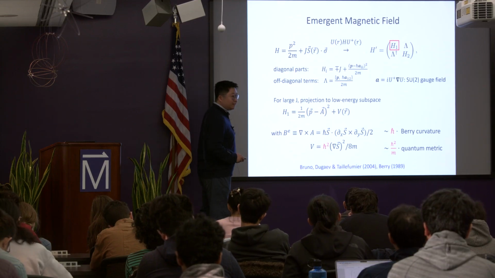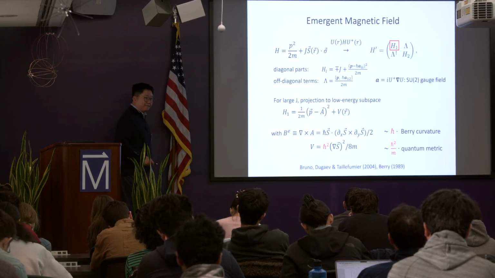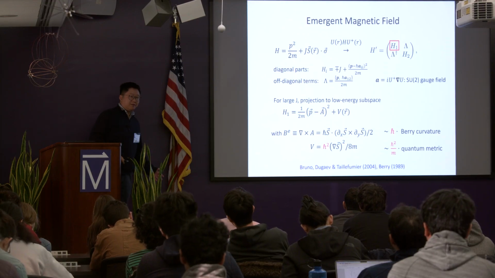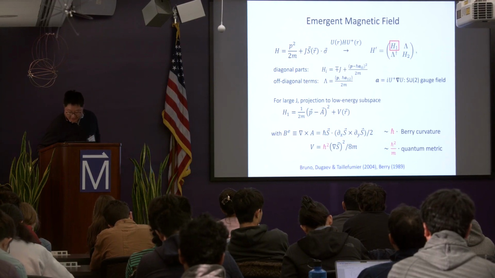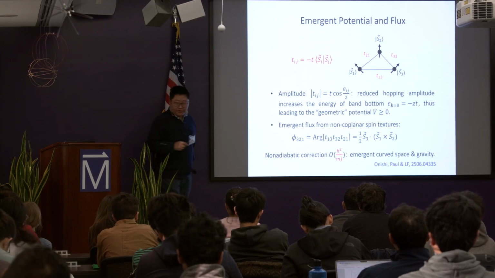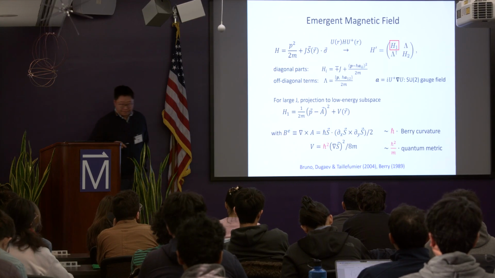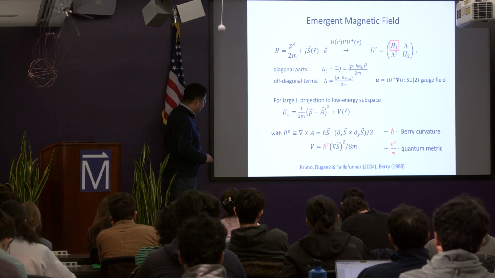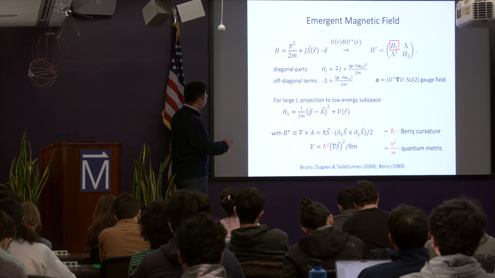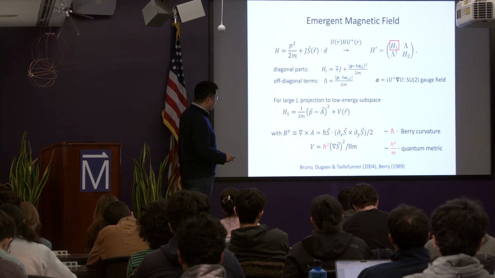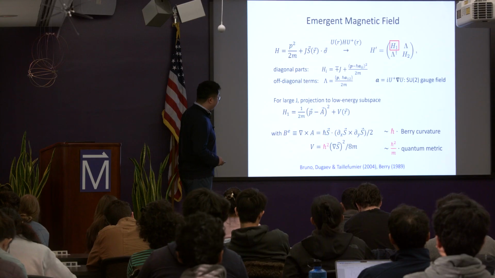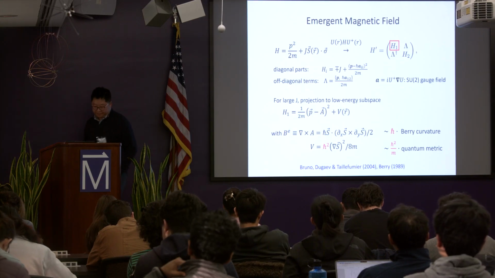It's second order. So these two effects appear naturally in a system of particles coupled to a spatially varying Zeeman field. And I should mention that this was studied in the context of magnetic skyrmions. This S can be the skyrmion texture, but remarkably, these ideas of emergent fields already appear in Michael Berry's paper.